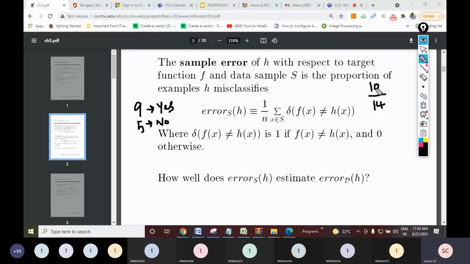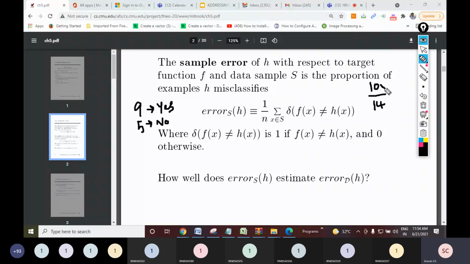So for misclassification on sample data, here we are seeing the proportion, meaning how many times there is a mismatch. How many times is it giving me a wrong answer? Out of 14, 10 times it was giving me the correct answer.